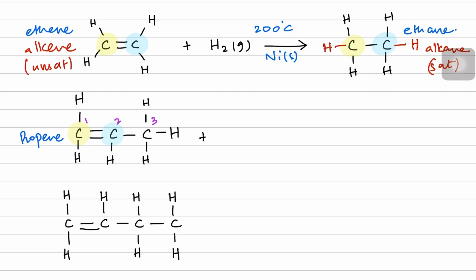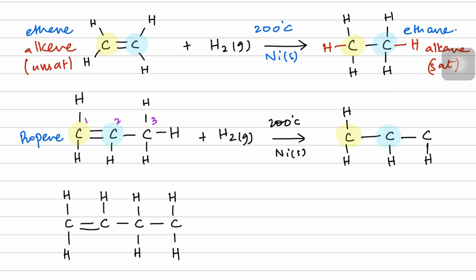When I react this propene molecule with hydrogen gas in the presence of nickel catalyst and 200 degrees Celsius temperature, my compound almost remains the same with all three carbon atoms. There are still two hydrogen atoms on the yellow one, still one hydrogen on the blue one, which is the middle carbon, and the three hydrogens on the carbon on the right side are still the same.